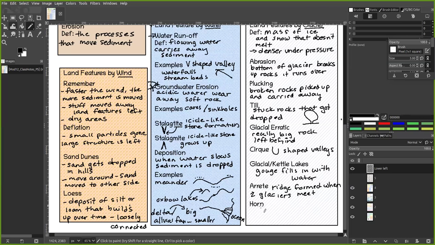And then you also have horns. A horn is when three glaciers meet. And what's left is a point. The Matterhorn is one of these horns. Remember, they scrape away all sorts of debris and till and stuff, and what's left behind is a horn.